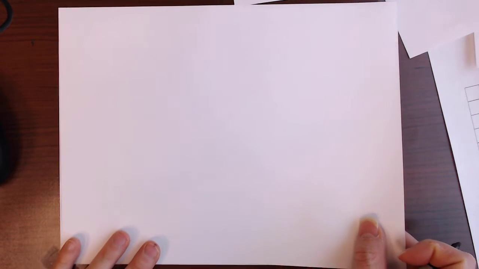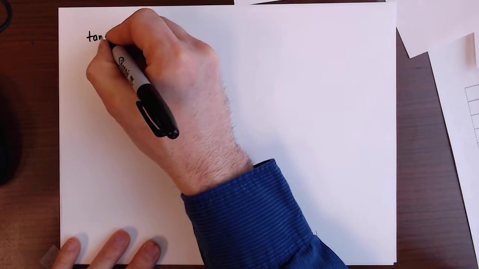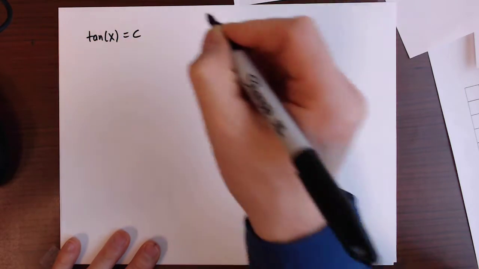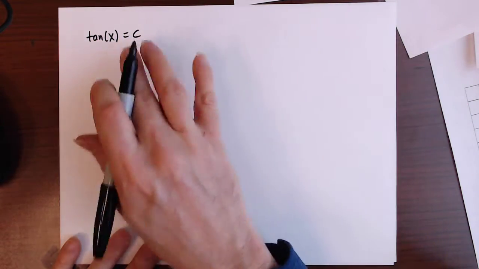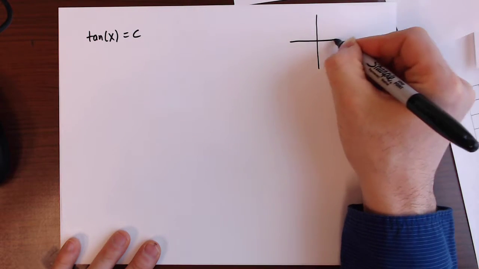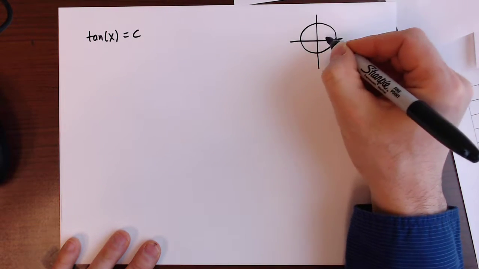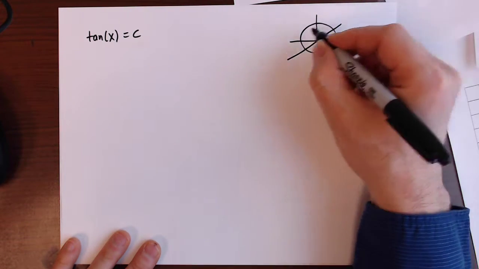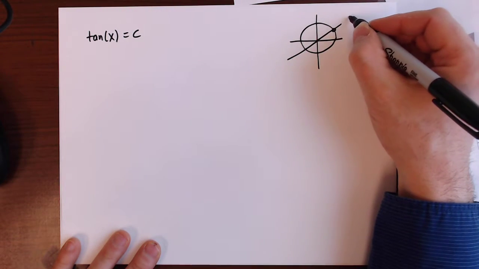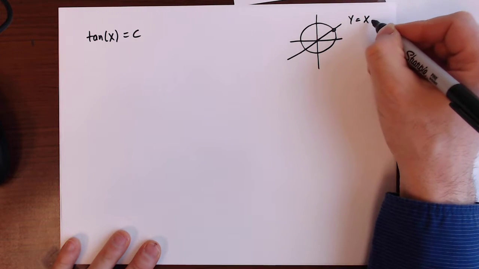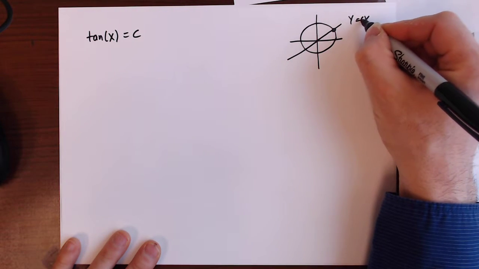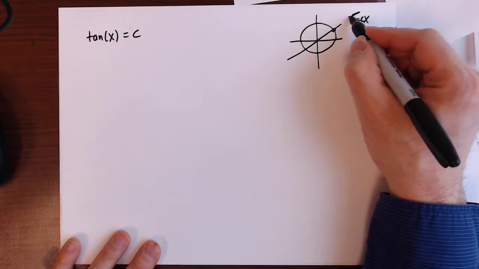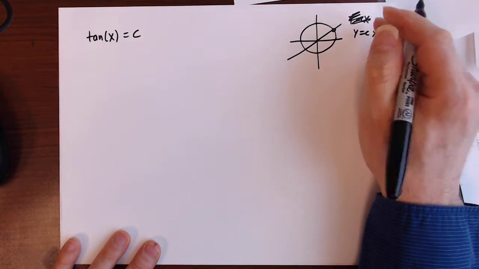Lastly, I should explain how we do this if we have tangent, and this is a little bit easier. If you have an equation like tangent of x equals c, remember we saw that this can be thought of as the angle of the intersection of the line y equals c times x, a line of slope c, with the unit circle.